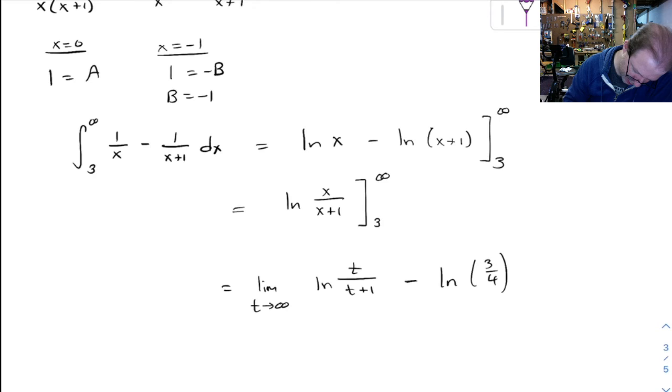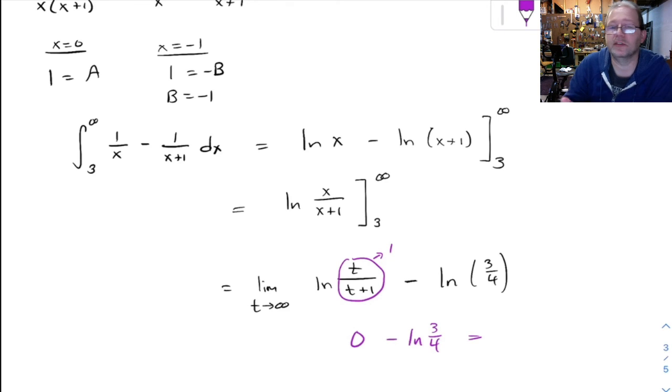All right, so what do we get? Well, this over here, sure enough, goes to 0. Why does it do that? Because this goes to 1, and ln of 1 is 0, minus ln of 3/4. How does it wind up being negative? Well, it's not really negative. 3/4 is less than e, so that logarithm is going to be negative.